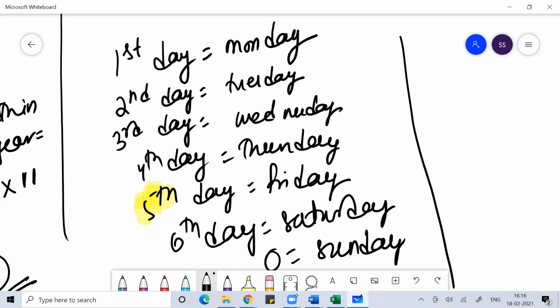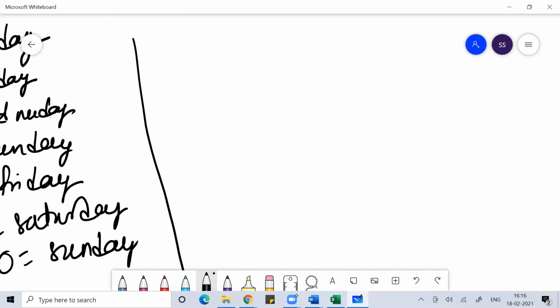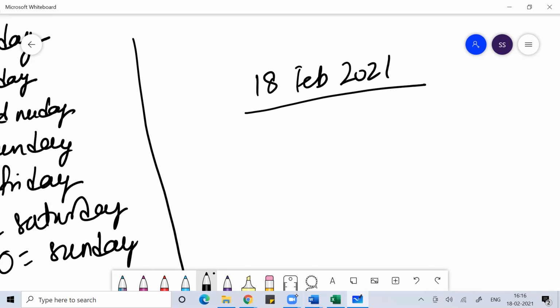Under this logical approach, whenever you get any date, for example today's date, 18 Feb 2021, and you want to know what the day was on this date, what you can do is think of a year which is a multiple of 400 before this year. Why?